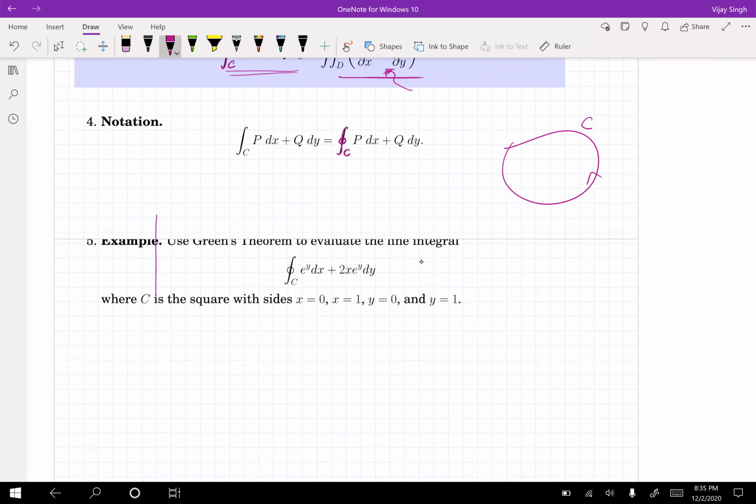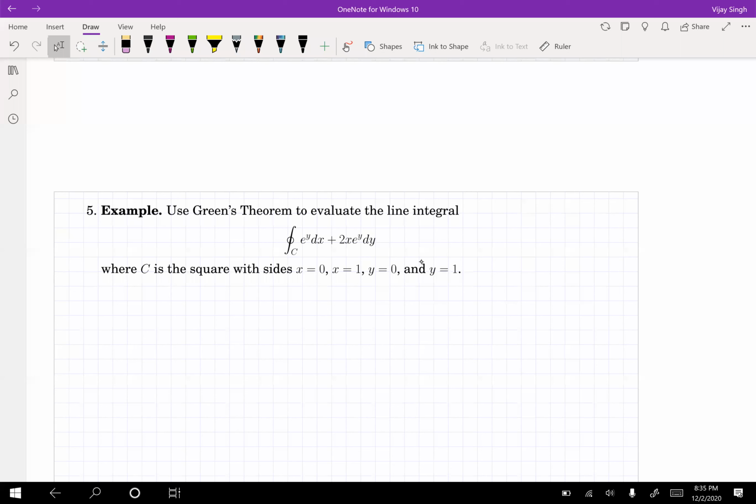Now let's use this theorem. Let's use Green's theorem to evaluate the line integral of e^y dx plus 2x e to the power y dy, where C is a square consisting of sides x equals 0, x equals 1, y equals 0, and y equals 1.